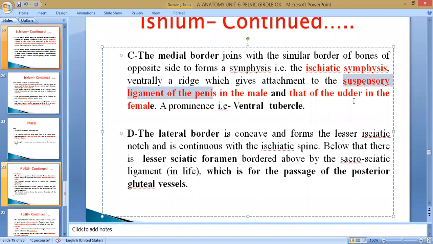Ventrally there is also a prominence known as the ventral tubercle, present in both male and female, and this ventral tubercle provides the attachment of the suspensory ligament.